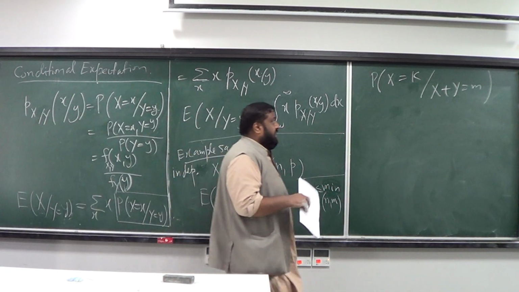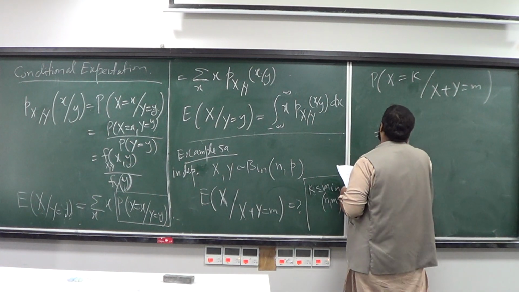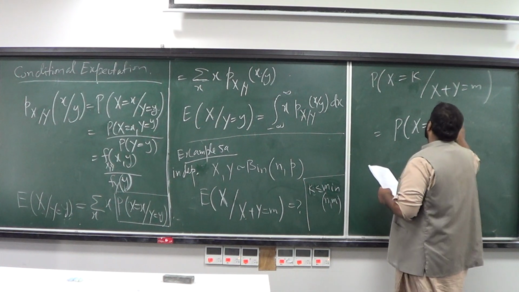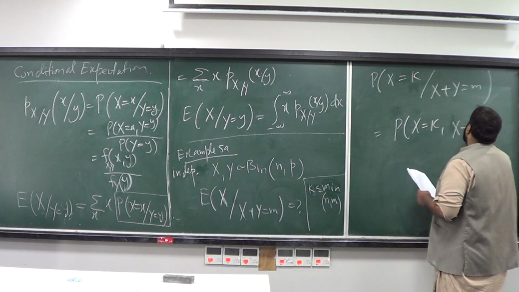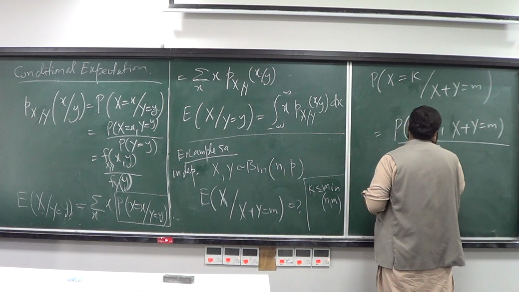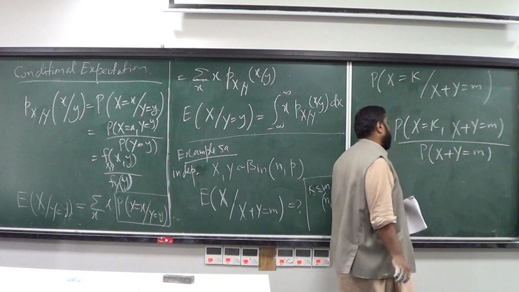So let's calculate this probability. This would be the same as the probability of X equal to k and X plus Y equal to m, everything divided by the probability of X plus Y equal to m.